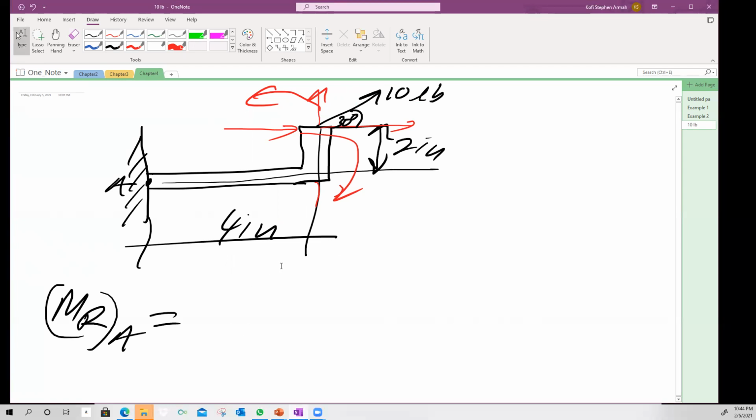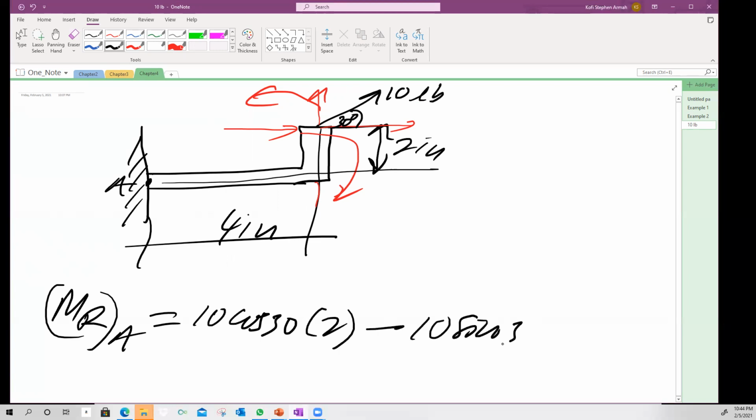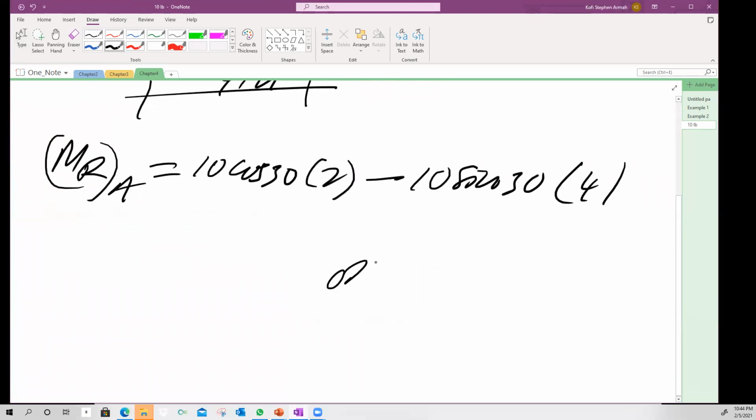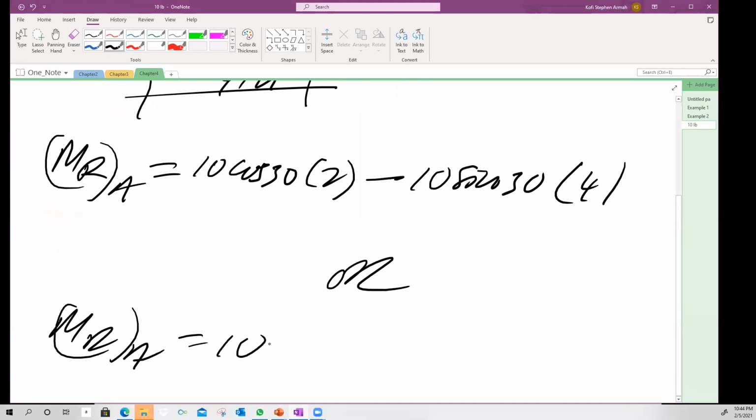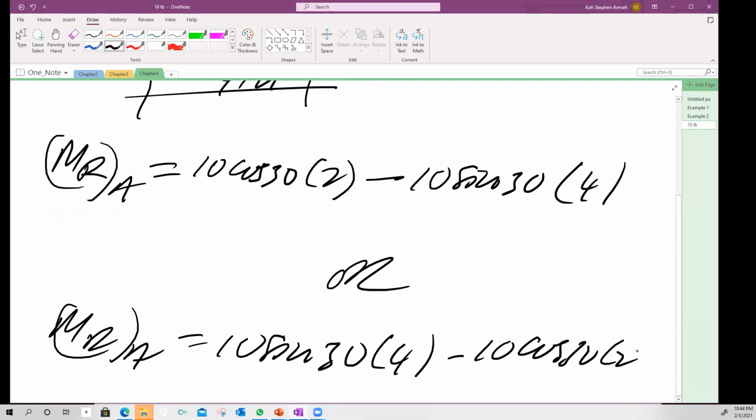So you can work this problem 2 ways. Let's say you choose the cosine one. The cosine one is the 10 cosine 30. That is the force, and the perpendicular distance will be 2. And then minus 10 sine 30, and the perpendicular distance will be 4. And that's the answer. Somebody can also write this answer as the resultant moment about A the other way around: 10 sine 30 times 4 minus 10 cosine 30 times 2.